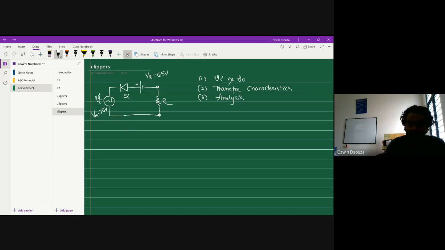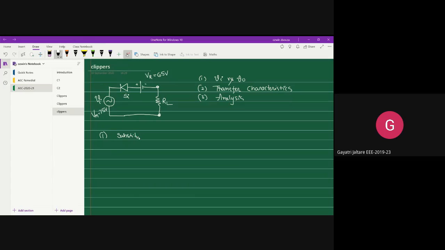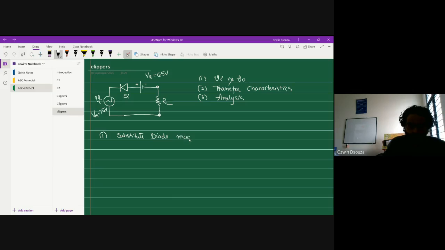Okay. All right. So let's try solving this particular problem. What is the first step? The first step is to substitute the diode model.